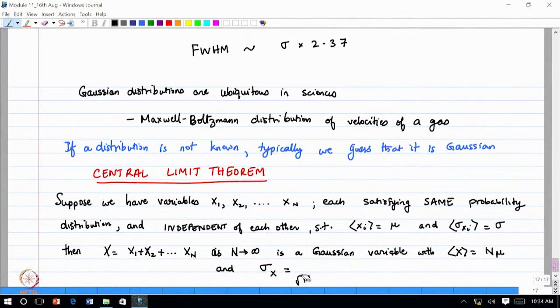In other words, I can write sigma x square equal to sigma square divided by n.